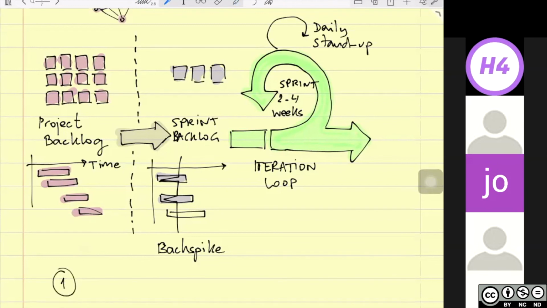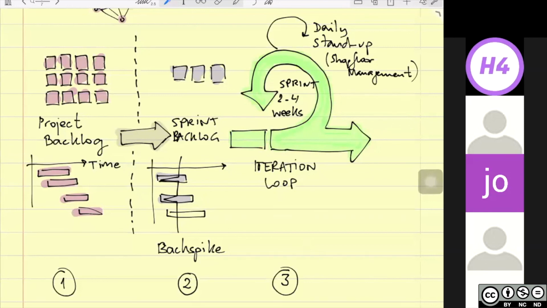We have the sprint backlog, those activities that are in delay or are most urgent. And then we have the iteration loop or sprint, things that we are working on right now, okay? And we are focusing on them through our daily stand-up or shop floor management. As I said, we will talk about this next week in detail.